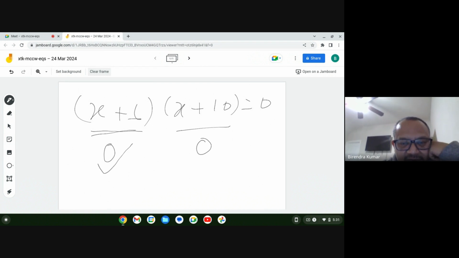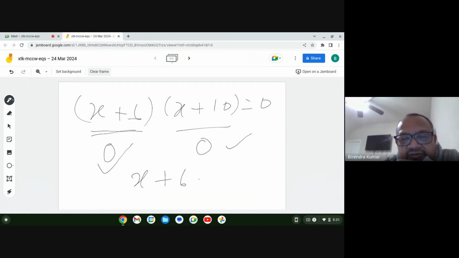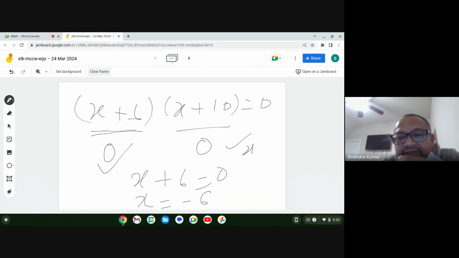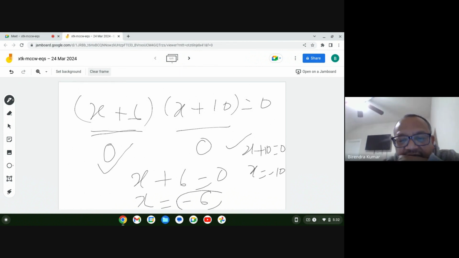Correct? Meaning, if x plus 6 equals 0, what is the value of x? Minus 6. If x plus 10 is 0, then what is the value of x? Minus 10. So these are the two possible values of x. x is either minus 6 or minus 10.